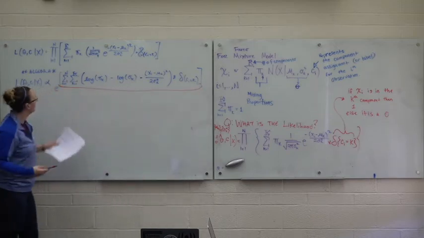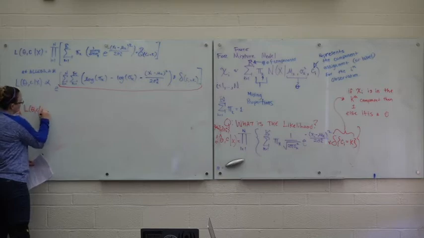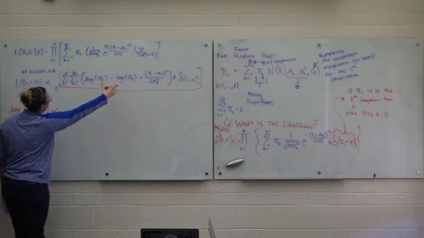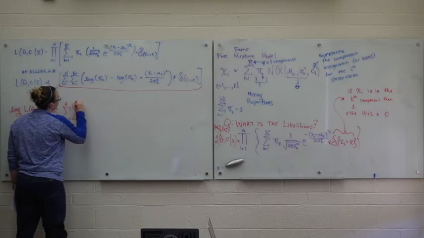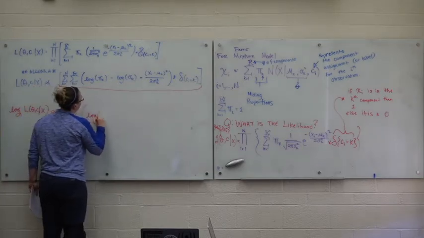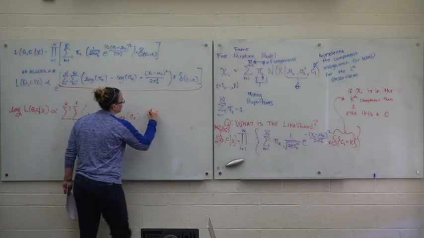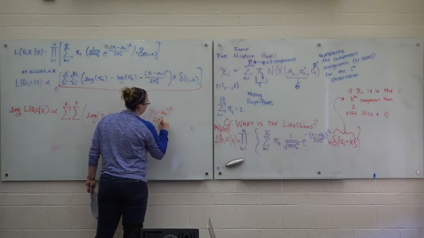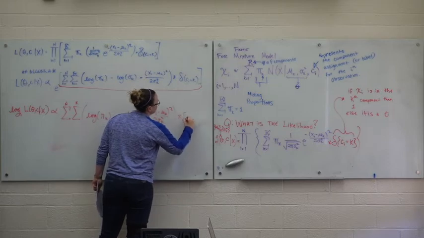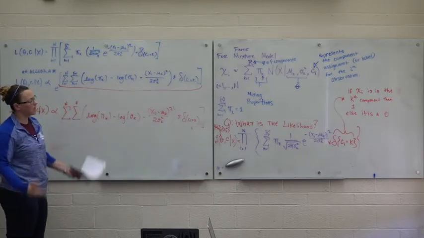The reason we did that is for this awesome step, where we now take the log of the likelihood, and we now just have this big function, which I'll write out one more time. Log of the pi k's minus log of the sigma k's minus xi minus mu k squared over 2 sigma squared k, times our indicator function ci equals k. Okay? So now we have the log likelihood.